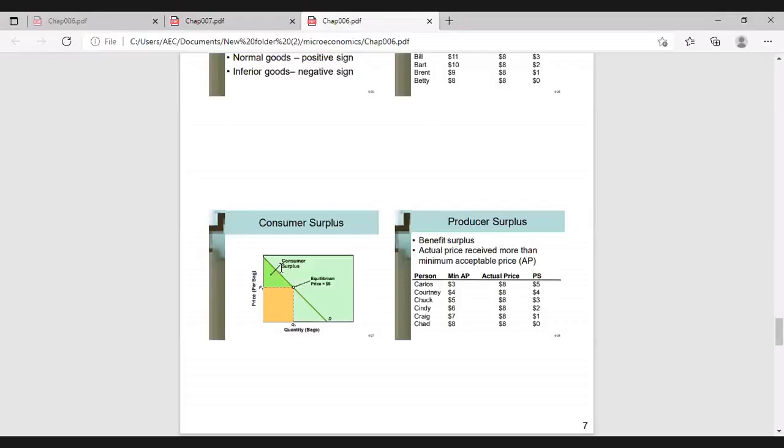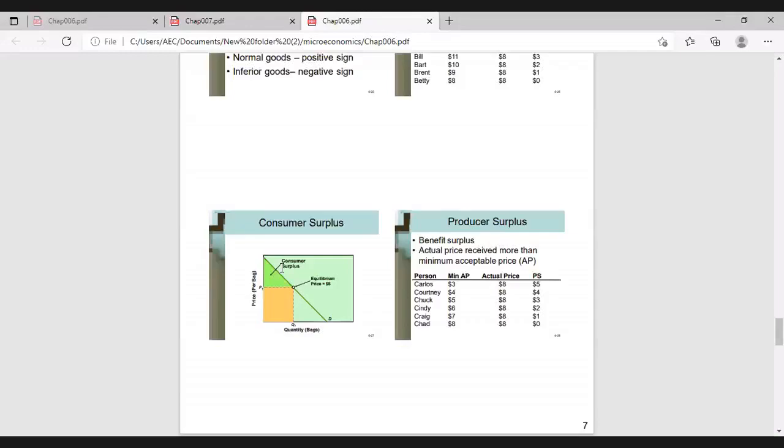But actually he receives a higher price than the minimum acceptable price. So when that seller sells, he gets a benefit because the actual price is greater than the minimum acceptable price.